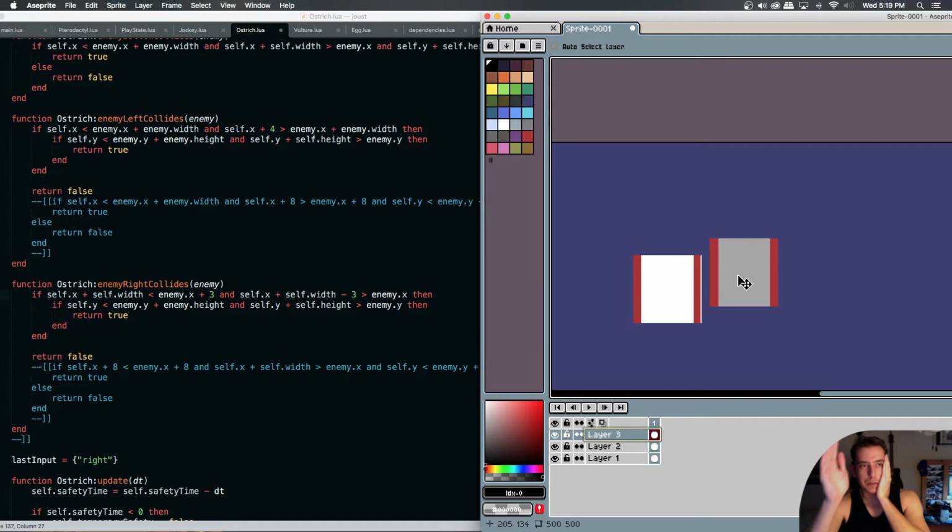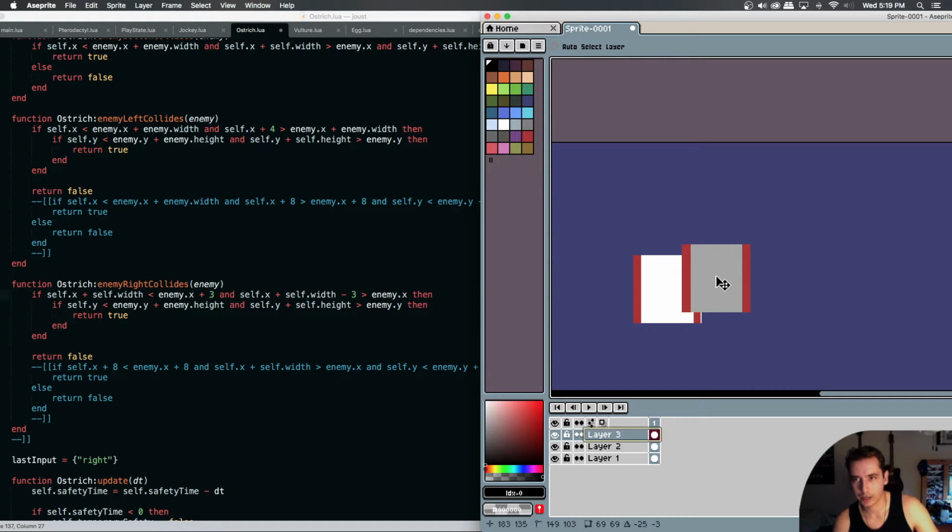The rightmost side of our ostrich would have to be greater than or less than. What do we even choose? This thing would have to be greater than the leftmost side of our bounding box. Yes.